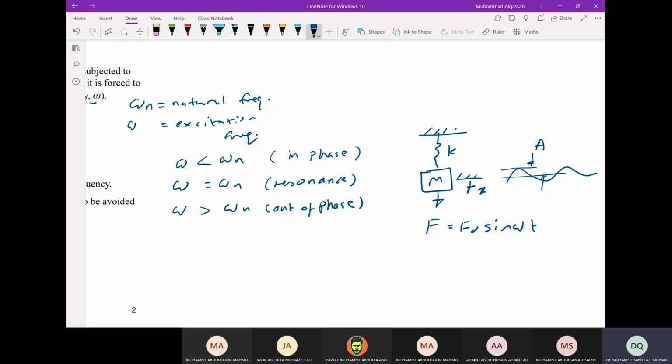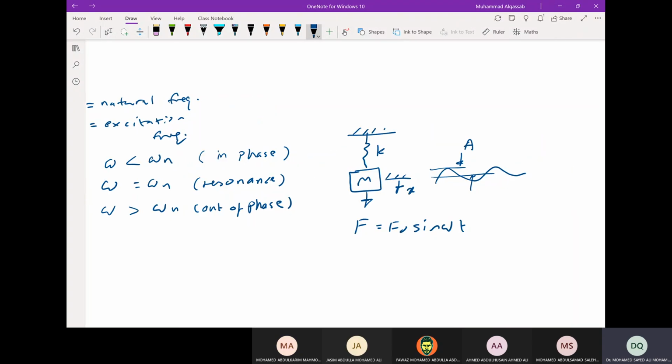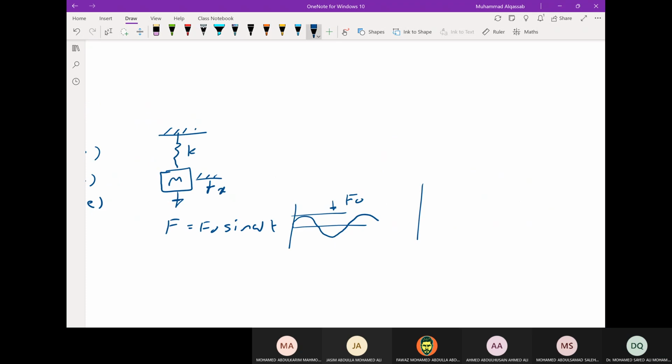In phase, when omega is less than omega n, the force, as you can see, is a sine wave. So if you plot f, it is a sine wave with a peak equal to F naught. That is the amplitude, and the frequency is omega. In phase means x will be sinusoidal as well. If f is positive, then x is positive as well.